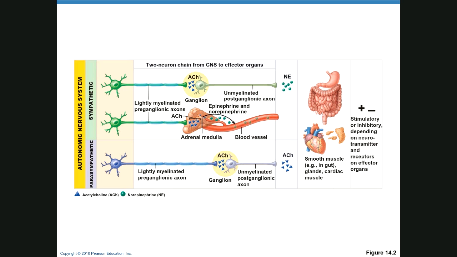So notice that postganglionic neurons are going to have a receptor for acetylcholine, regardless of whether they are sympathetic or parasympathetic, because the preganglionic neuron releases acetylcholine in both cases.